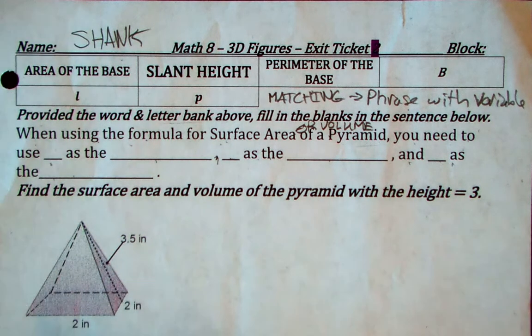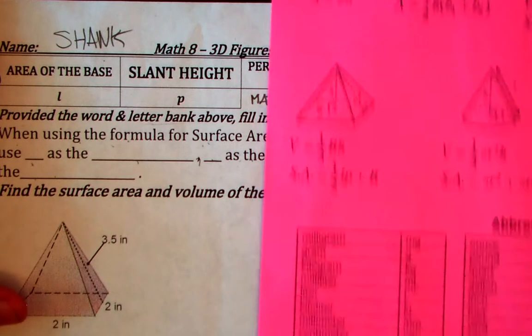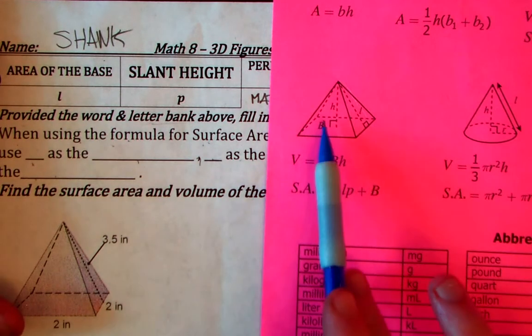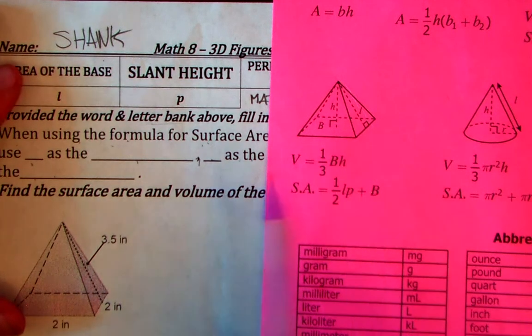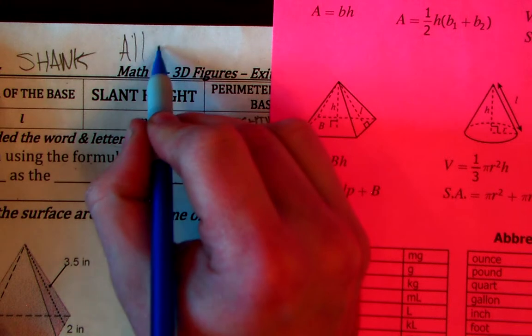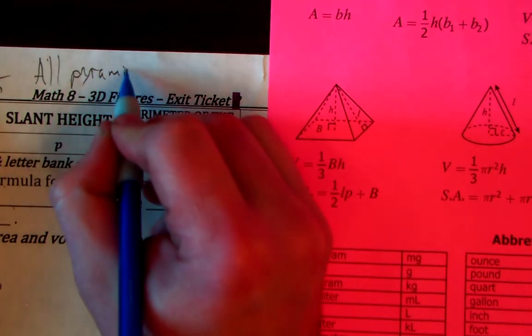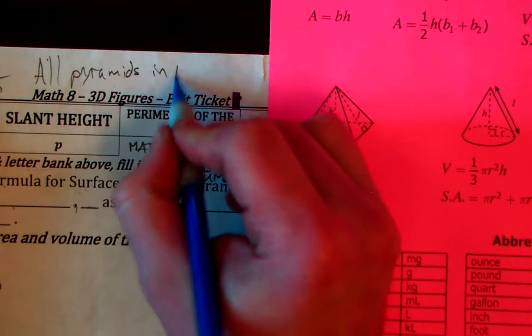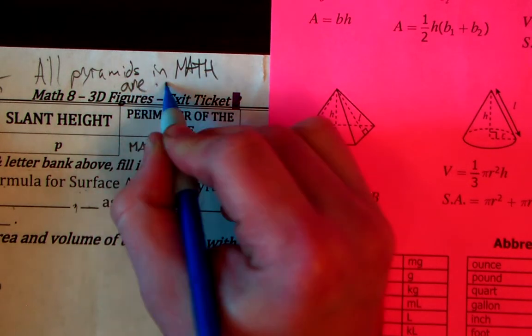So if we slide right into that wonderful, bright, hurting-on-the-eyes formula sheet, you can see I have this square-based pyramid for ourselves. Just as a quick side note, all pyramids in Math 8 are square-based.